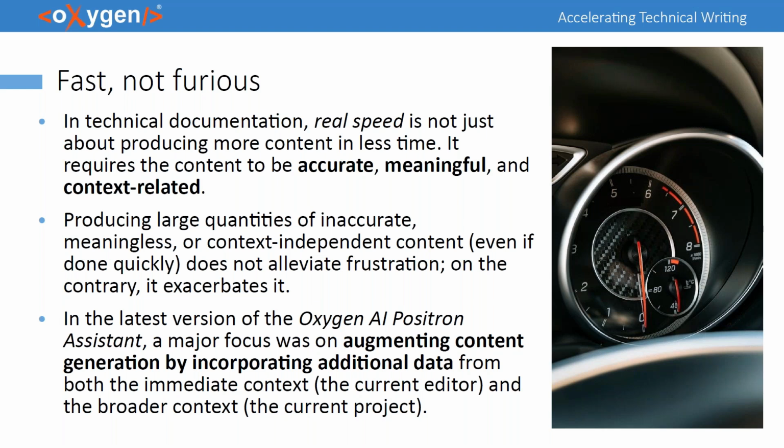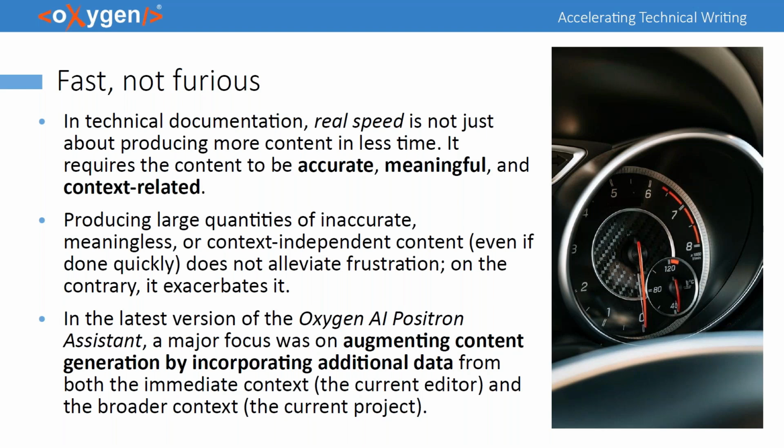And when we talk about technical documentation, real speed is not just about producing or writing more content in less time. It is not about how many characters or words per minute you can generate or write.